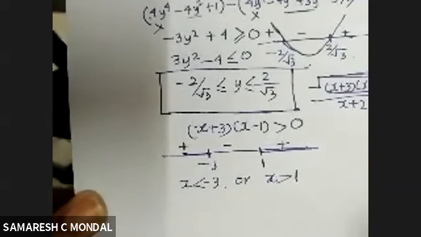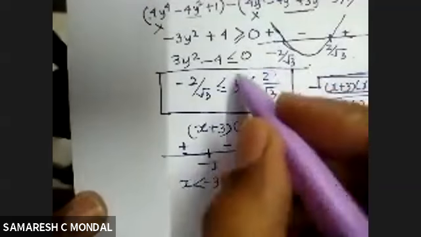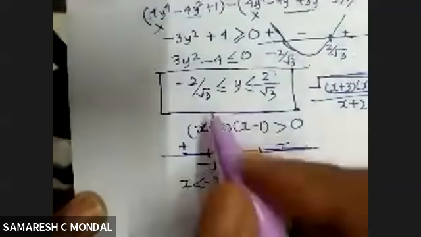Why I am trying to say whether this value exists or not, that I should tell the value of y is coming, but for which value of x we need to check.